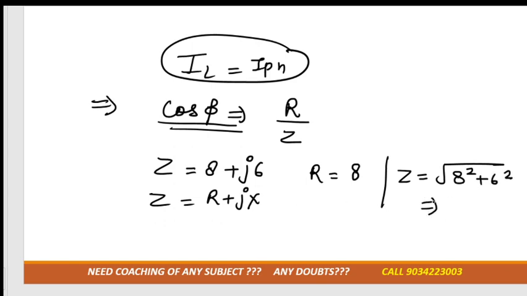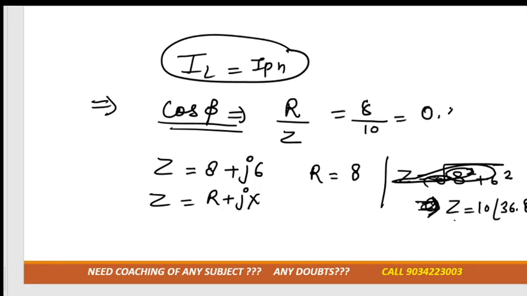Because that formula is root of R square plus XL square, that you have done in AC circuits, correct? You can calculate it directly also, the Z value you got, that is 10 angle 36.86. So Z is 10. So 8 divided by 10 is 0.8. So the power factor value you got is 0.8. We don't need the angle because we need to consider only the magnitude.